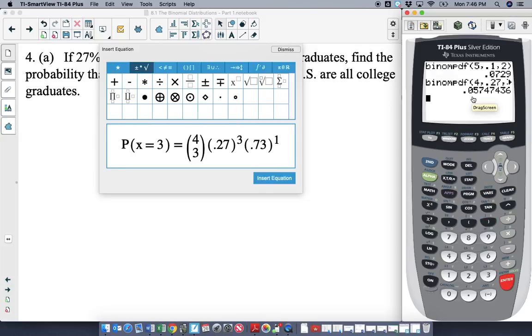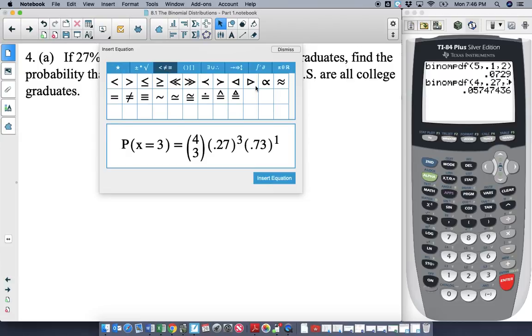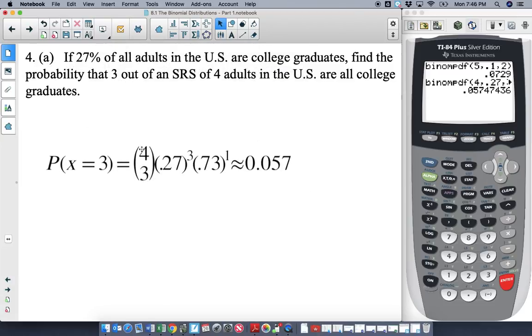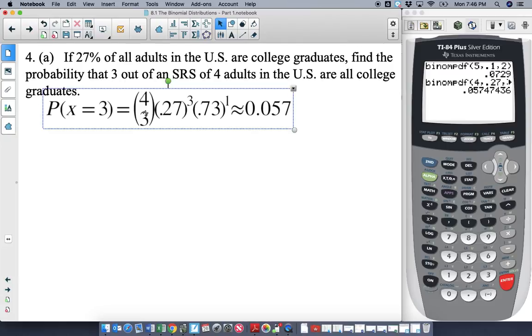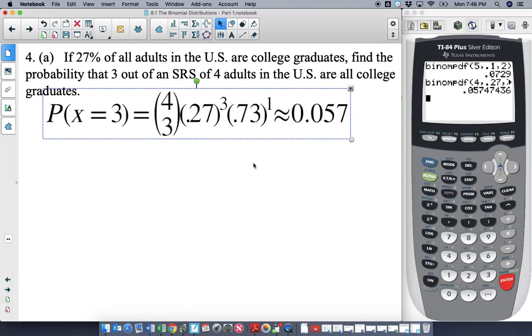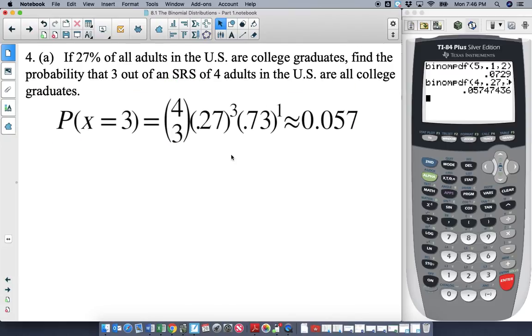Okay, so our probability is approximately 0.057. Again, you have to show all of this work for credit.